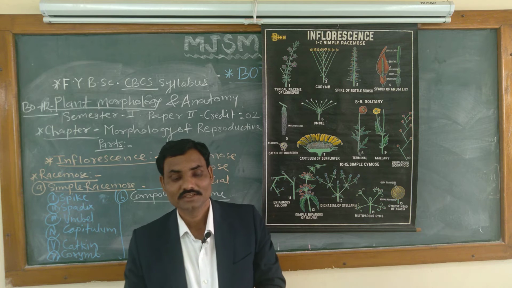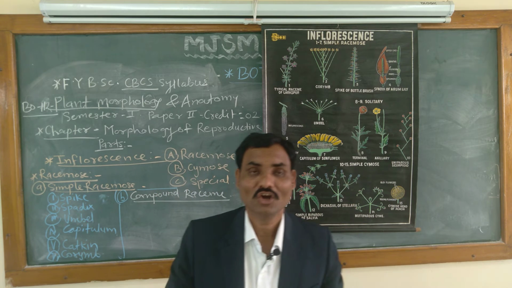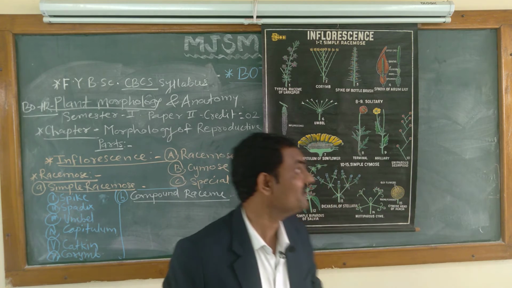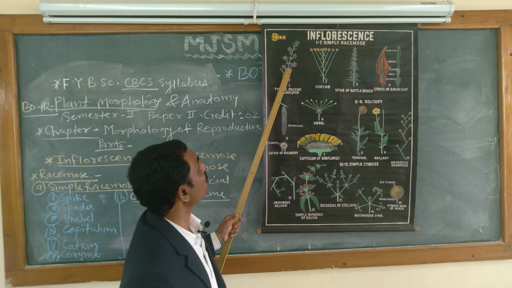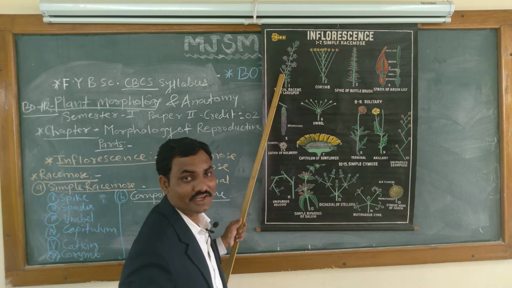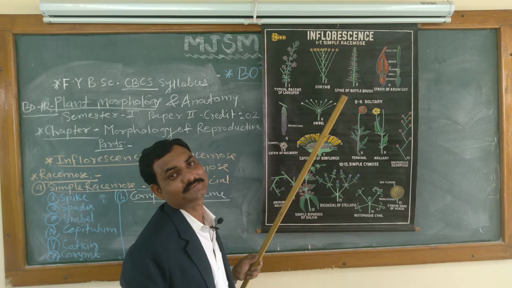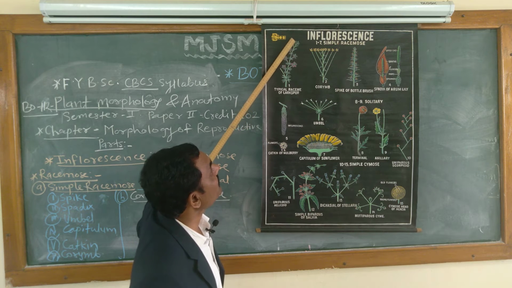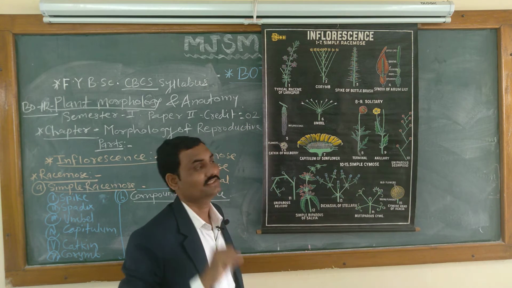Then the lowermost or outermost flower opens first. You see here, this is the lowermost flower, it opened first, and the newly born buds are still closed.